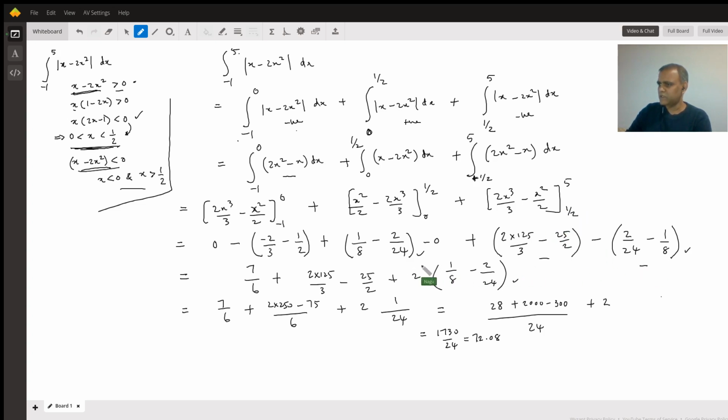You notice that this one is similar to this one but with a negative sign. But we have a negative sign here, so this term gets doubled up here. Okay.